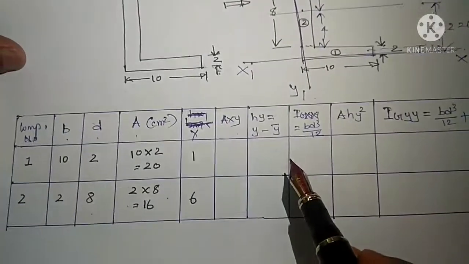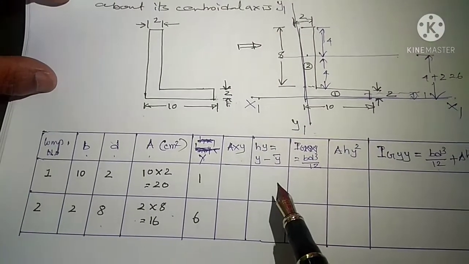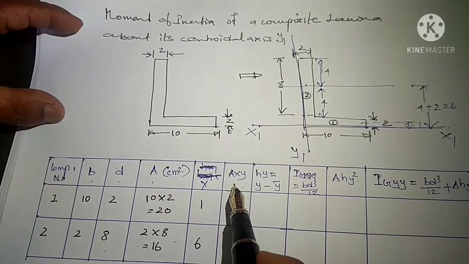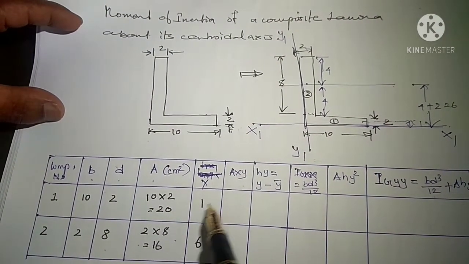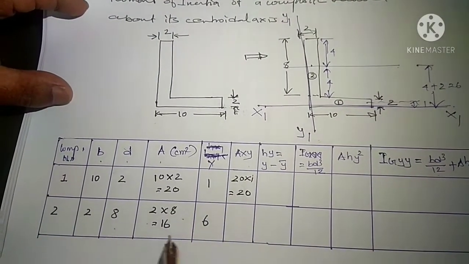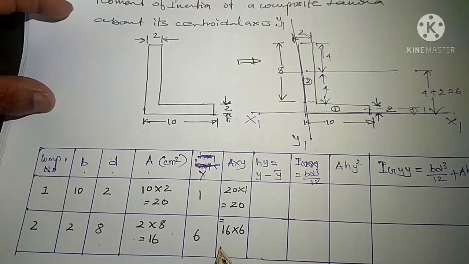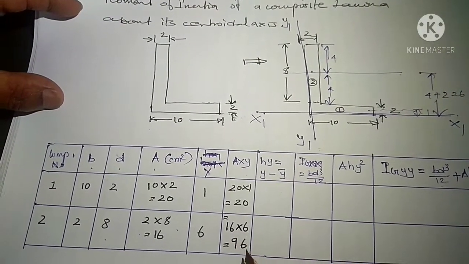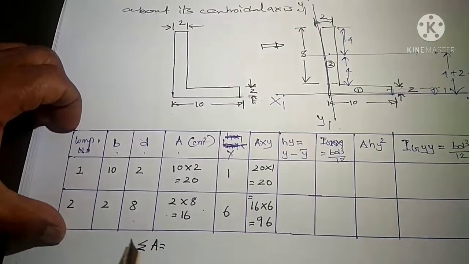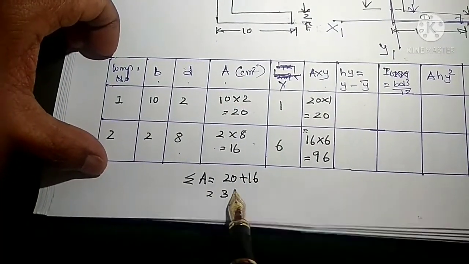So we have to find the position of the centroidal axis, and for that purpose we have to find the centroid. Here it is A into y. Therefore, it is 20 into 1, which is equal to 20. And here it is 16 into 6, which is equal to 96. Next, sigma A is 20 plus 16, which is equal to 36.